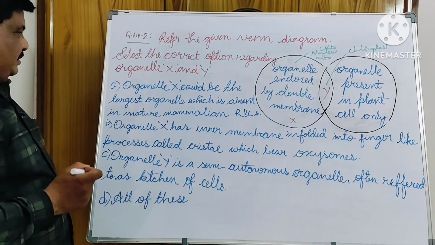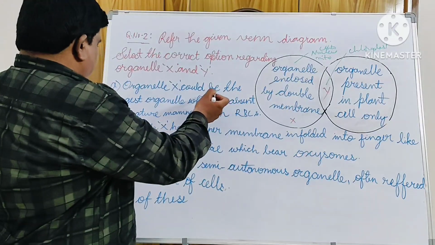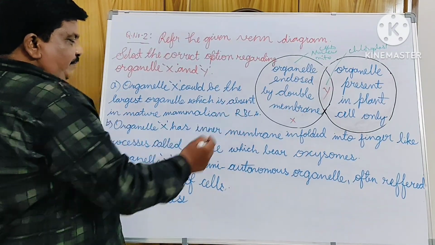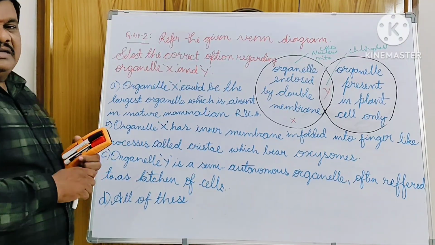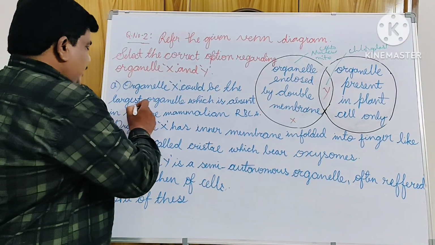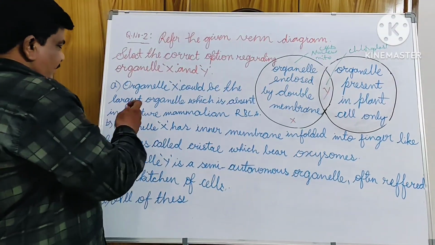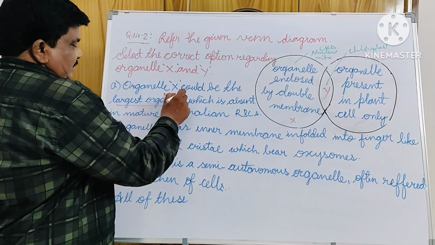First option: organelle X could be the largest organelle which is absent in mature mammalian RBCs. So organelle X is the largest organelle. What is the largest prominent organelle? The largest prominent organelle is nothing but the nucleus.